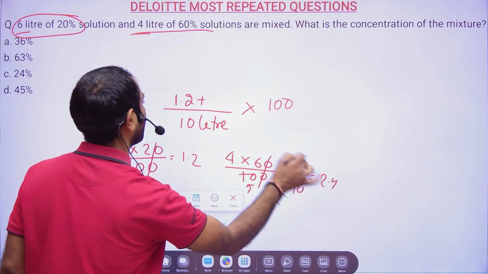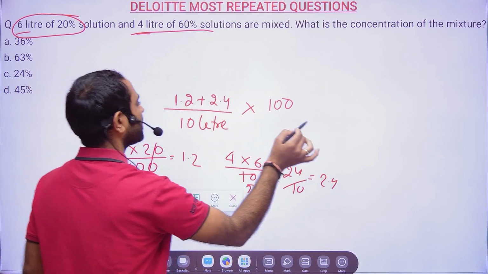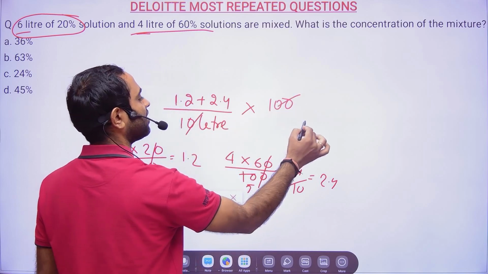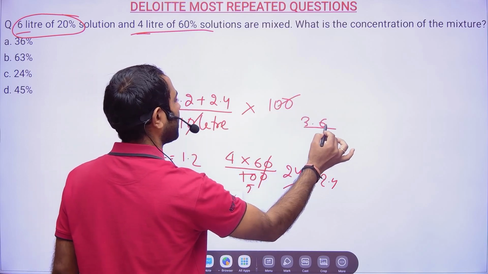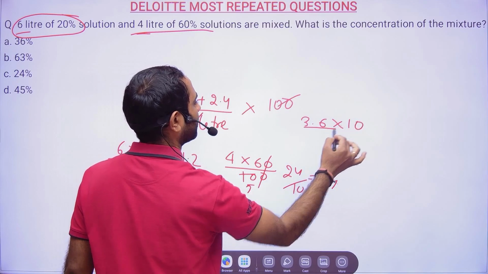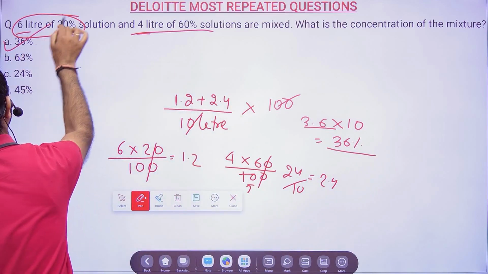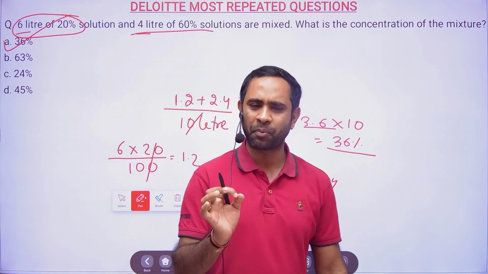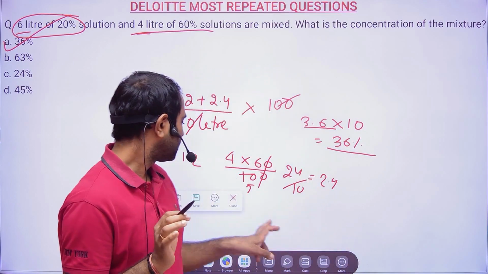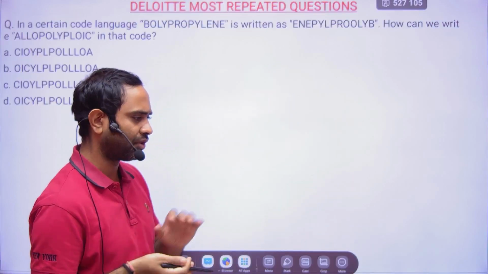So 10 anyway cancelled, 3.6 into 10, that is nothing but 36%. That will become your correct answer. So these are called easy problems, where you just have to read. 30 seconds is more than sufficient to solve this question.